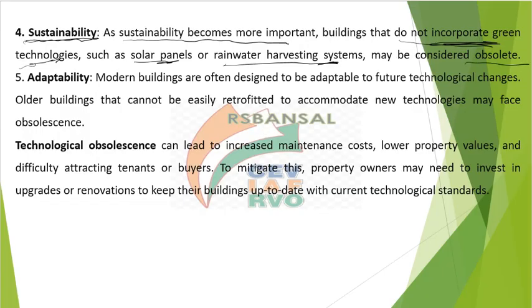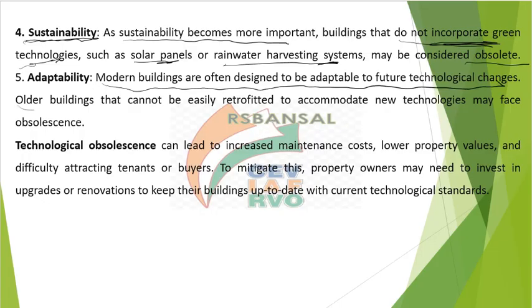And the most important thing is the building should be able to adapt to modern technology. If the building is capable of adopting, then it is good. If it is not capable of adopting modern technologies, then we call that the building has become obsolete. So we design modern buildings in such a way that they are able to adapt to future technological changes.